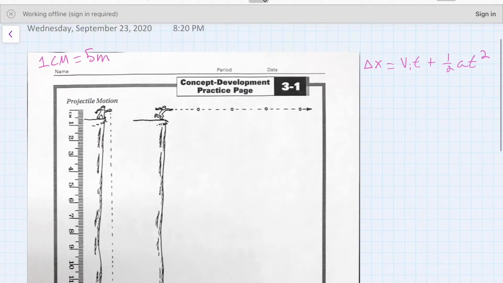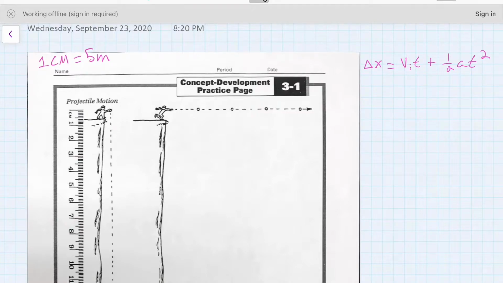To do this, we need to use one of our kinematic equations, because as a ball is dropped, it's uniformly accelerated towards the ground because of gravity. If we're trying to figure out how far the ball falls each second, we have to use the second kinematic equation, which is displacement is equal to the initial velocity times time plus 1/2 times the acceleration due to gravity times time squared.